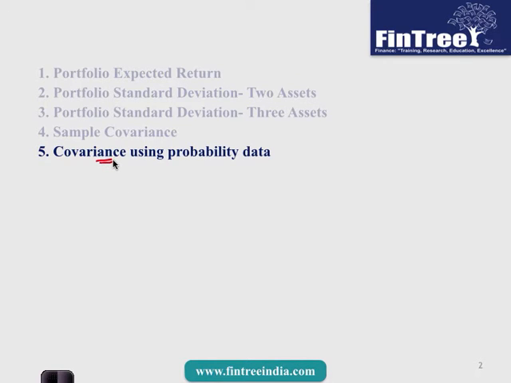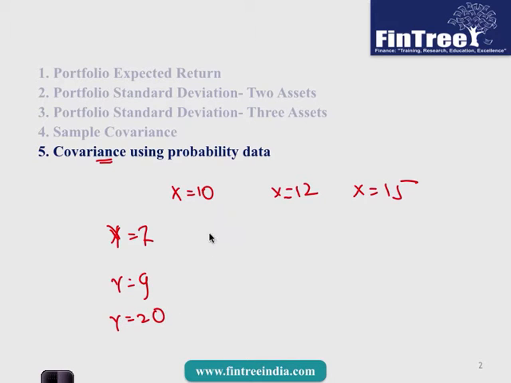Then covariance using probability data. So let's say you've been given data like this: x is equal to 10, x is equal to 12, x is equal to 15, y is equal to 7, y is equal to 9, y is equal to 20, and you've been given weights, so 0.5, 0.3, 0.2.